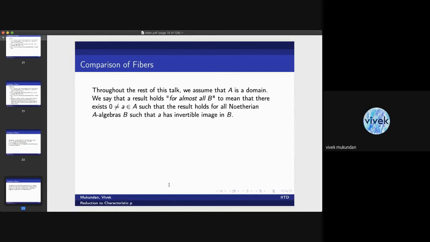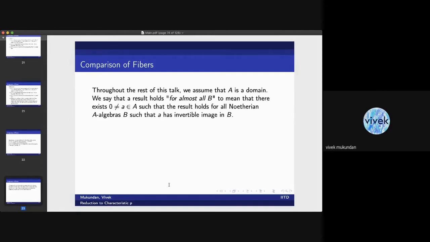Okay, so the next part of the talk requires that some of the statements will be true for almost all algebras over A. The theorems will be basically giving a hypothesis on the generic fiber, and one will be asking if it is true for almost all fibers.